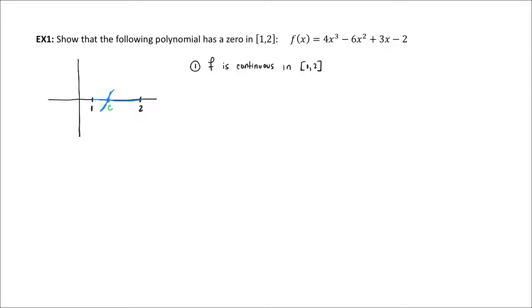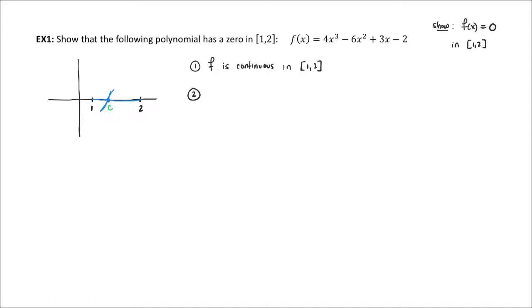Now, I need to show somehow what I want to show. Let me write it here. I want to show that f of x is equal to 0 in the closed interval 1, 2, right? That's what I want to show, that is equal to 0.